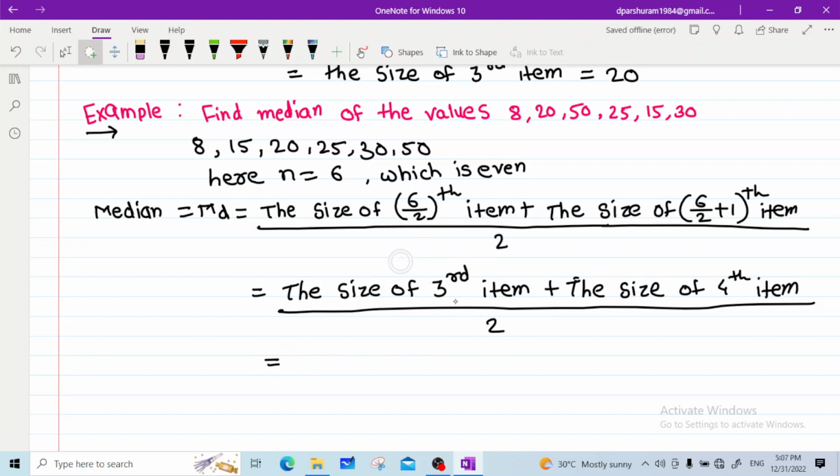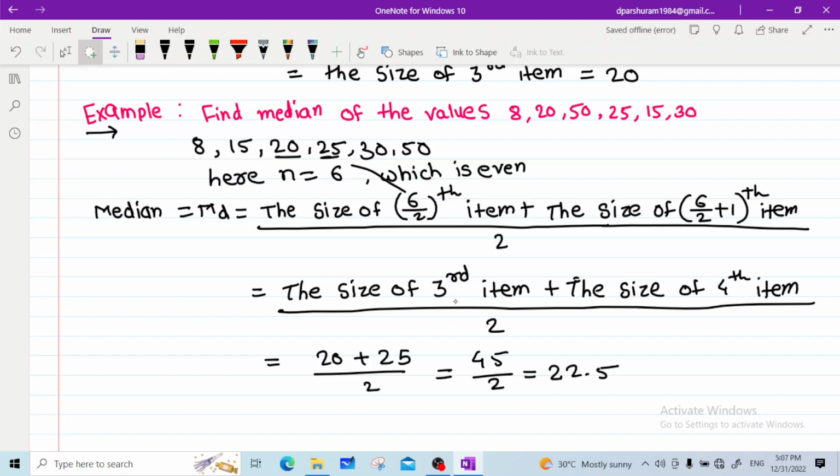Here the value of the third item, that is first, second, third, is 20, and the size of the fourth item is 25. So 20 plus 25 divided by 2, 20 plus 25 is equal to 45, 45 divided by 2 is equal to 22.5.